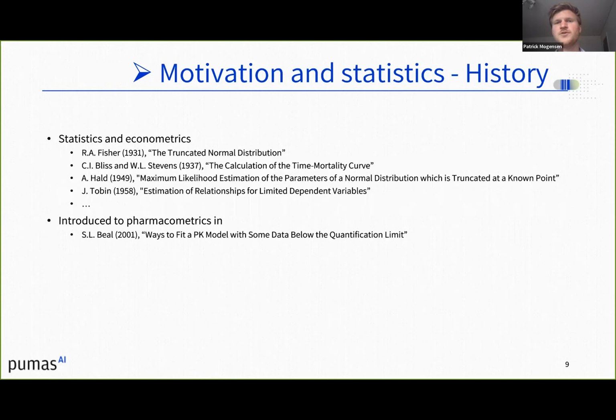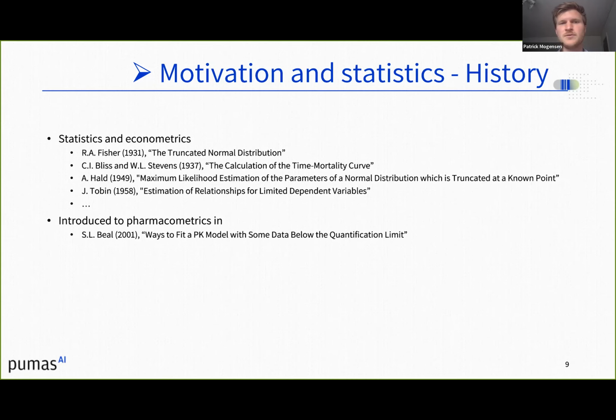Okay, so the history of these methods goes way back to the beginning of what we might know as modern statistics, with Fisher, who was one of the grandfathers of the statistics that we use, and was later developed by other authors. We of course like to mention that the maximum likelihood analysis of these types of models was published in 49 by a Danish statistician, Hald.